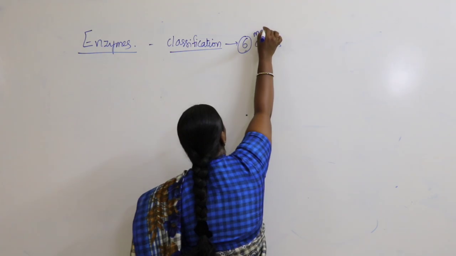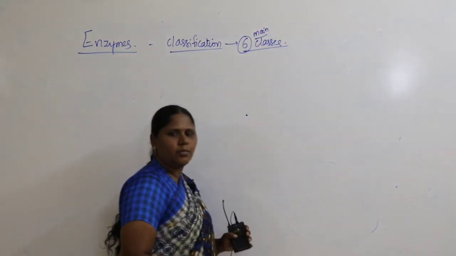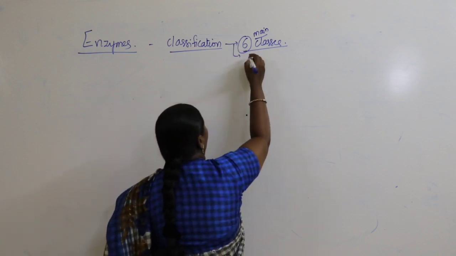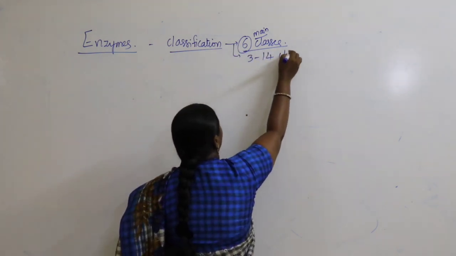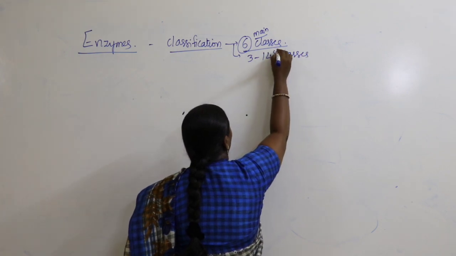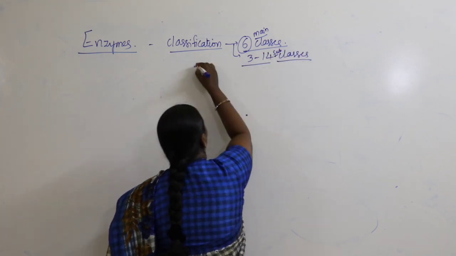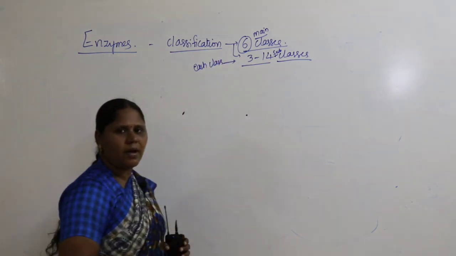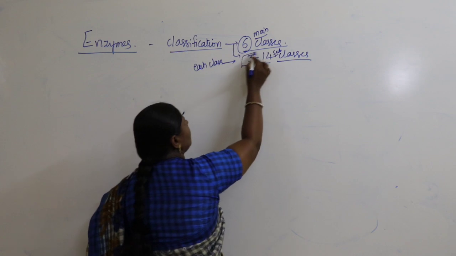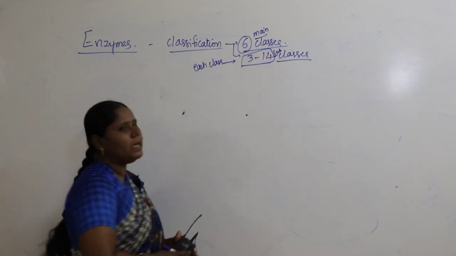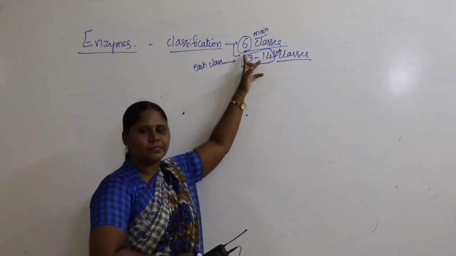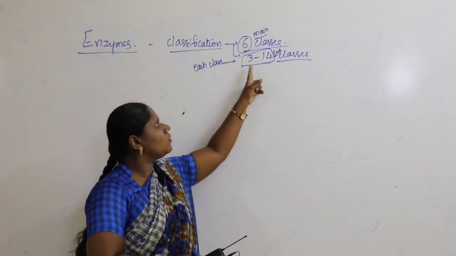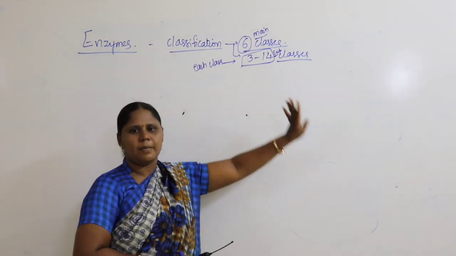There are many classes, of course, but mainly we studied 6 classes, and each class is again divided into 3 to 14 subclasses.